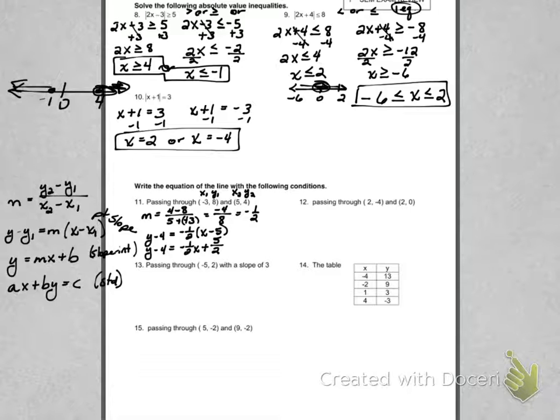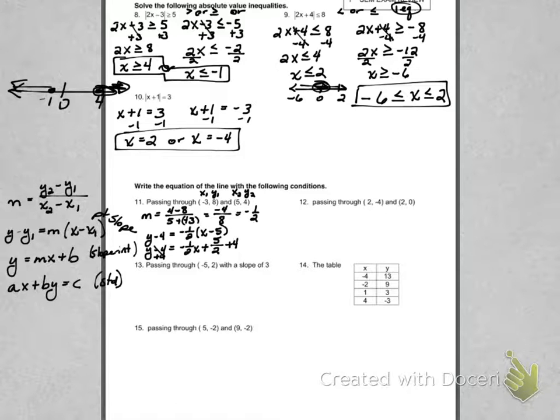So what are you going to do? We're going to add the 4 across. So we have y equals, and some of it depends on what your answers are in the star, whether they want it in standard form or whatever. Now we have y equals, but this 4 we need to change to halves.